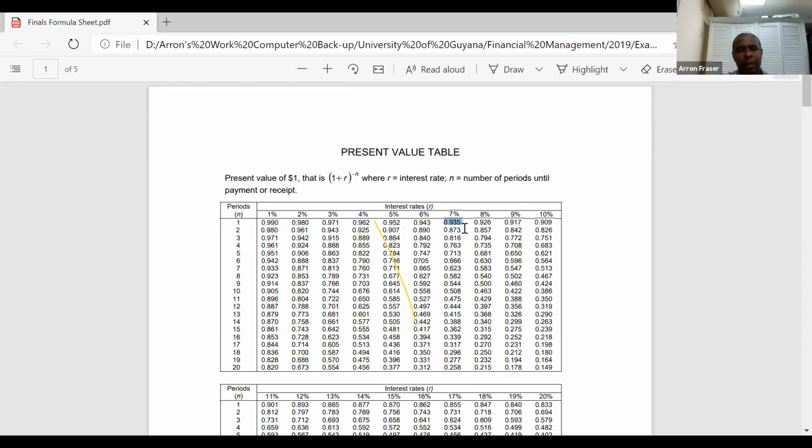So for example, if we had the same 800,000 but we were expecting to receive it in 2 years' time, 7% at 2 years' time would be 0.873. So you would have taken that 800,000 multiplied by 0.873. That will give you 698,400.